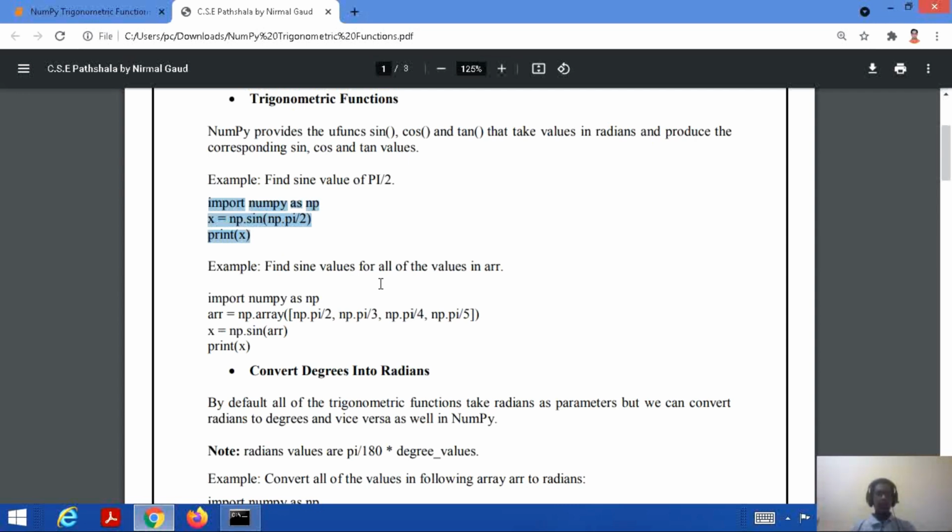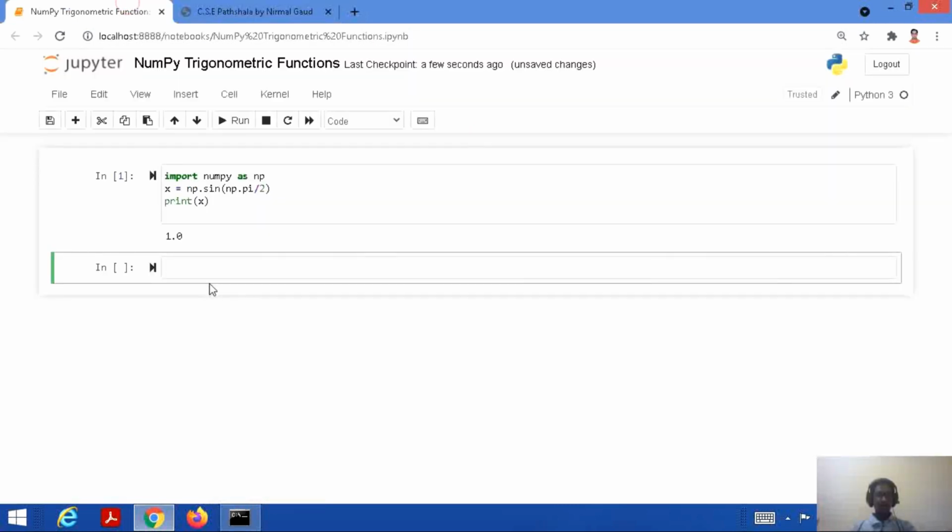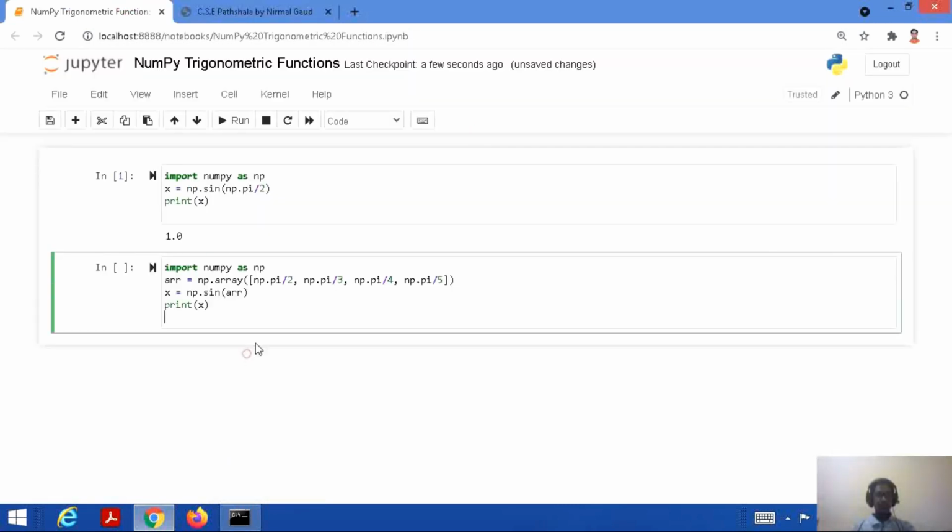Now, if you want to calculate the sine values for all the values in an array, let's consider a code and then you will understand how to implement this. Import numpy as np, arr equal to np.array. This time we are giving an array of radians: np.pi by 2, np.pi by 3, pi by 4 and pi by 5.